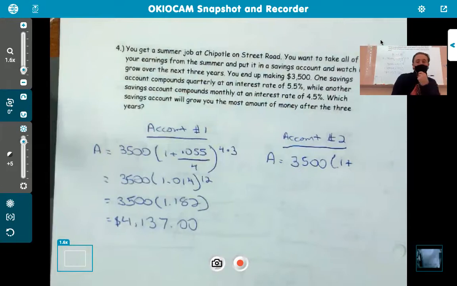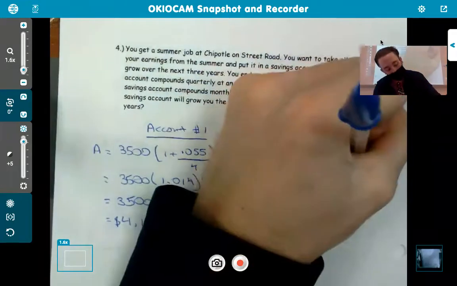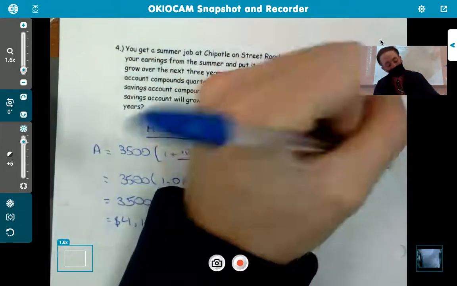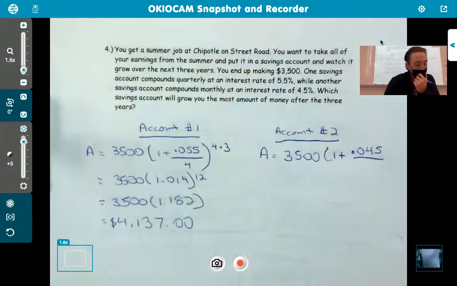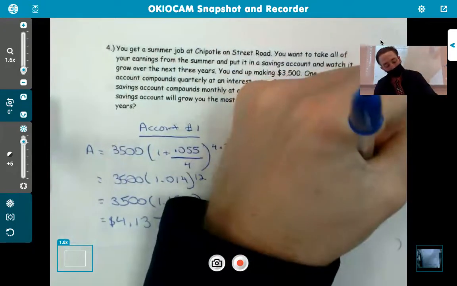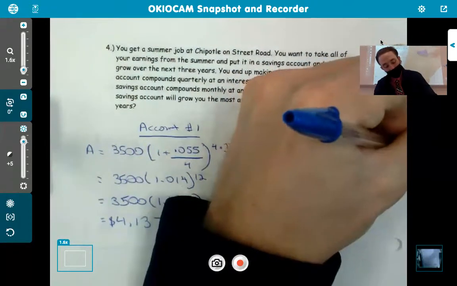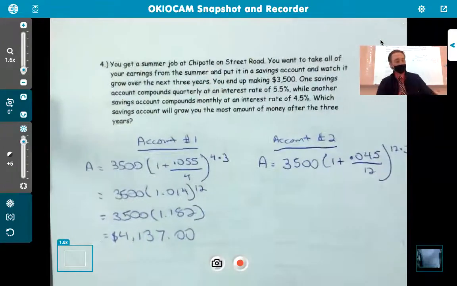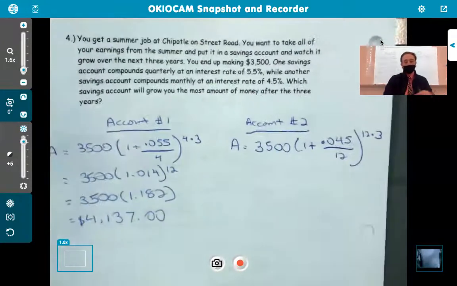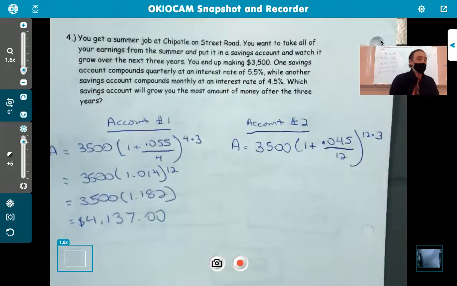What's my interest rate for account number 2? 0.045. This one's being compounded monthly. So that's how many times a year? 12. I'm raising this to 12 times 3, from, again, it being compounded monthly times the 3 years that we're looking at this account.